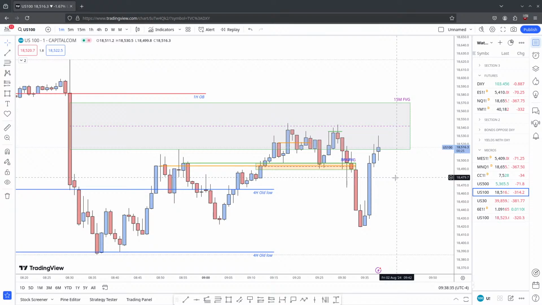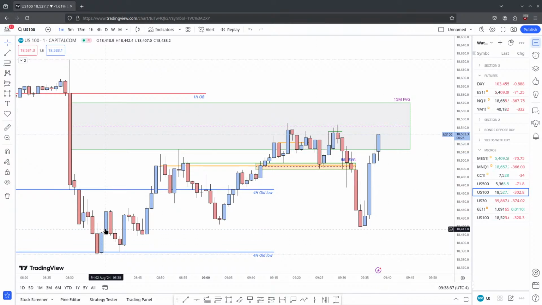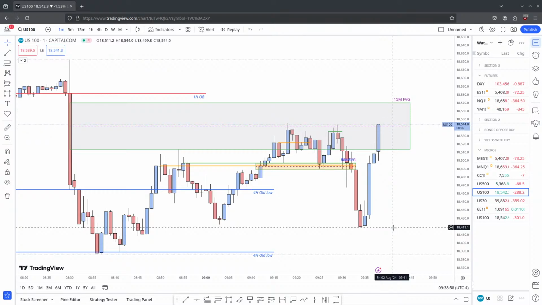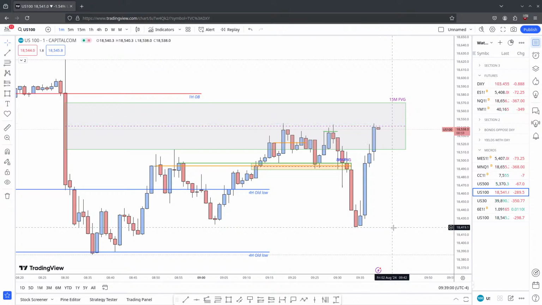But the point that I wanted to bring over here is that there would be a couple of different ways to form different types of setups, going long, going short. And all of those different types of traders would still have taken something home, scalping this market.